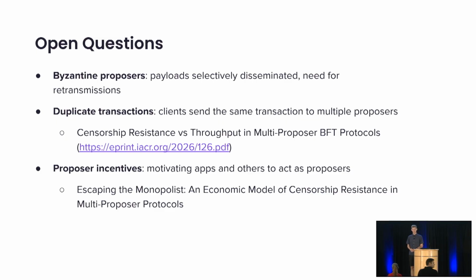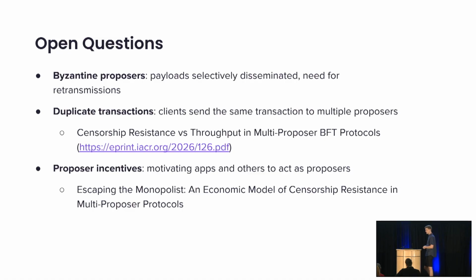Duplicate transactions is another open question. Let's say you have a very latency sensitive transaction. It would be advantageous for you to send that latency sensitive transaction to multiple proposers in the hopes of your transaction being included in a payload that gets attested to as quickly as possible. There is a paper around this on ePrint, censorship resistance versus throughput in multi-proposer protocols, that discusses this exact question.